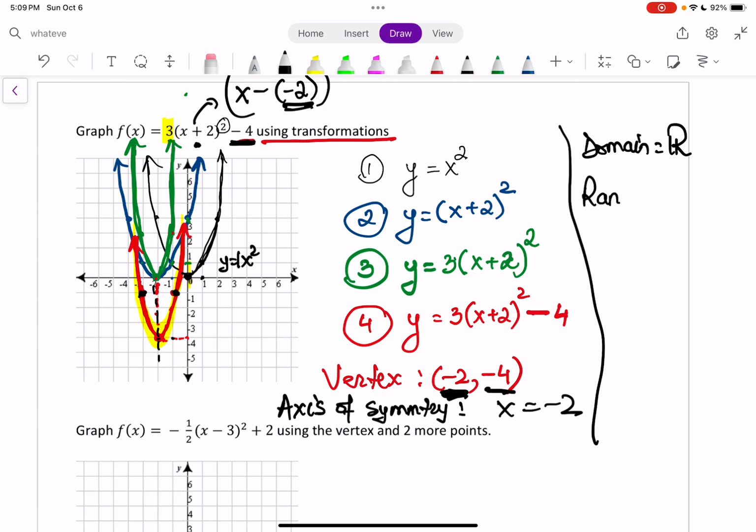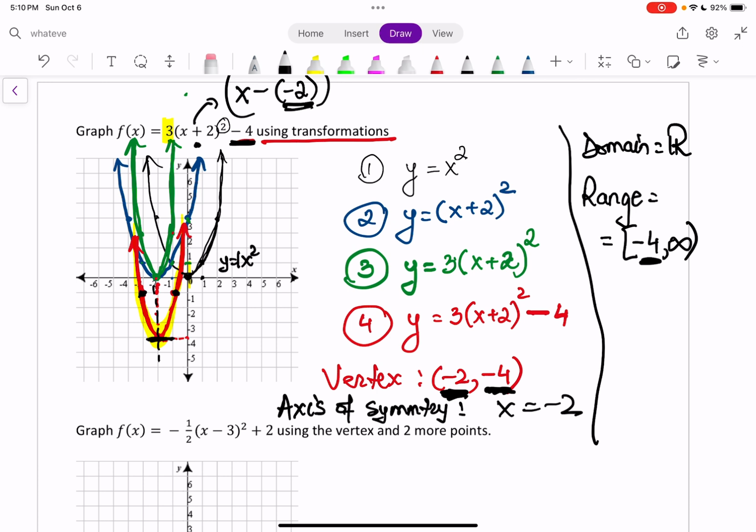But the range becomes interesting in quadratic functions because this parabola opens only from one y value up, as in this case, or if it opens down, then it's just going to go down to -infinity. This value in the range has to do with the y coordinate of the vertex. Since the parabola opens up, it goes up to infinity. If it opened down, it would go to -infinity.